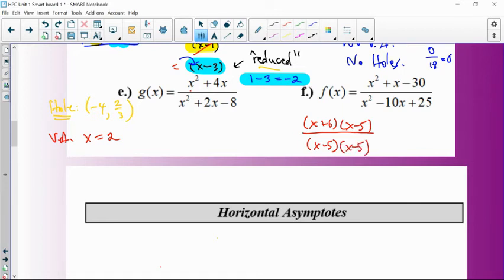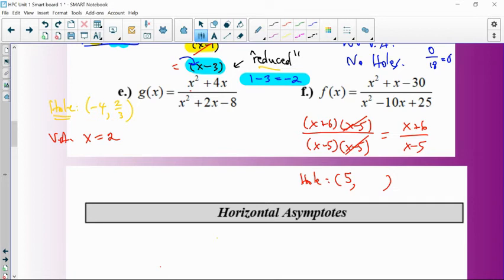So x minus 5 cancel. And so remember, when you can cancel something to get a reduced form, which is x plus 6 over x minus 5, that tells you that there's a hole. So your hole is at 5 because that's what was canceled out. And then we're going to put 5 into the reduced form.